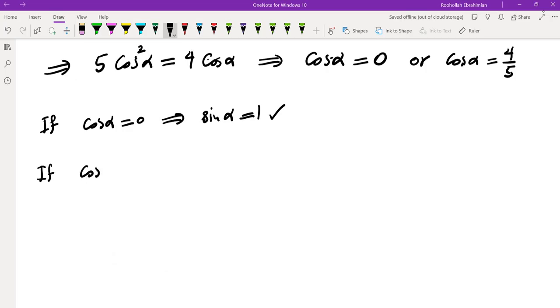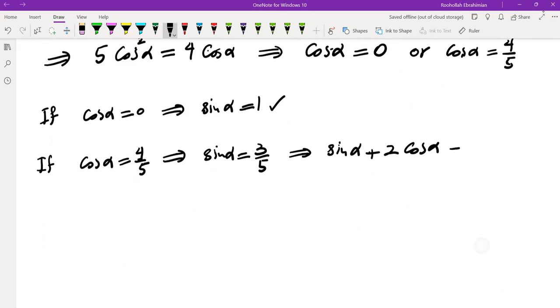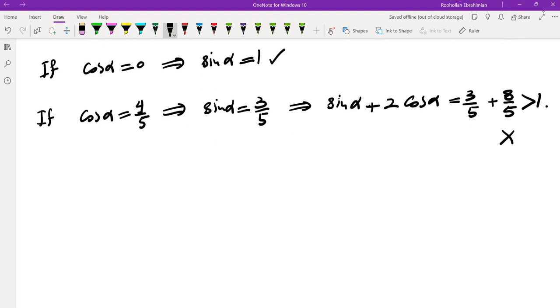If cosine of alpha is 4/5, because alpha is between 0 and pi, sine of alpha is going to be 3/5. So when we look at sine of alpha plus 2 cosine of alpha, which was supposed to be 1, we get 3/5 plus 8/5, which is more than 1. So that doesn't work. So this means cosine of alpha is 0, which means the angle is pi over 2.